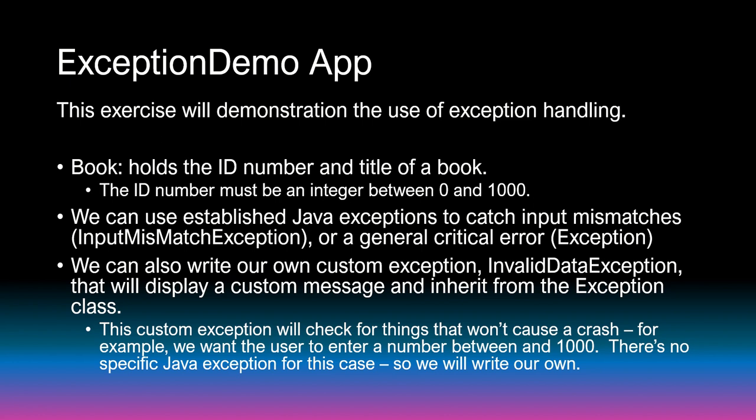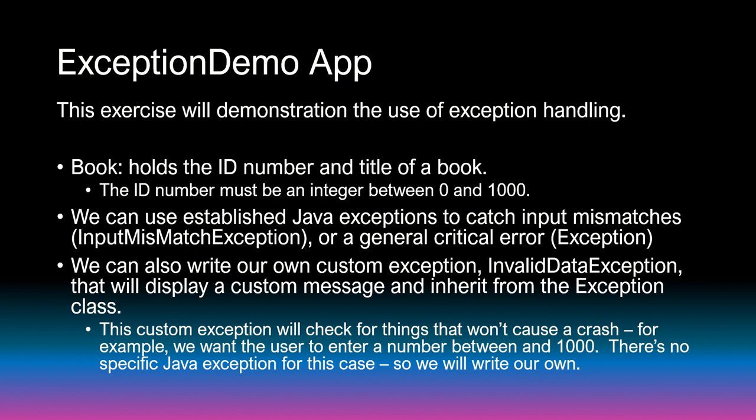So for example, a custom exception is an exception that you as the programmer need to implement that's not part of the Java exceptions class or subclasses. For example, we want the ID number to be an integer between 0 and 1,000. But if the user enters the number 2,000, that's not going to cause the program to crash.